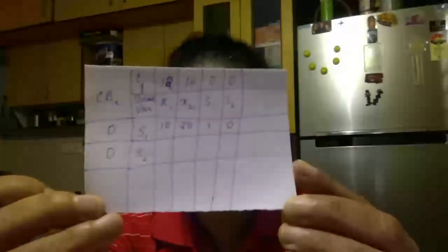Everyone understood? Now in S2, I will write the coefficients of the second constraint. That is, 8 because it is 8x1, then again 8 for 8x2. Then for S1, I gave 0. So it is 0. And for the next one, it is 1. So this is what you get.